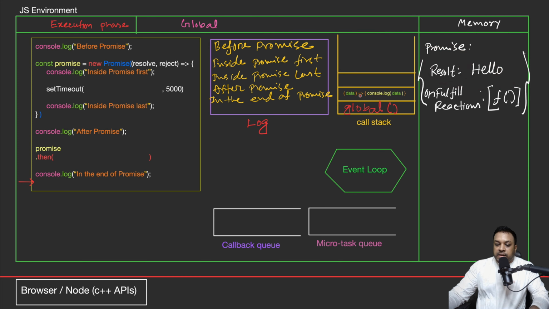This is the data. So it will basically console log this data, basically this hello. So let's console log hello. So this is how it works. Our function's execution is done, so it will be removed from here. The call stack is empty now, and our execution is done. So this is how the promise works.